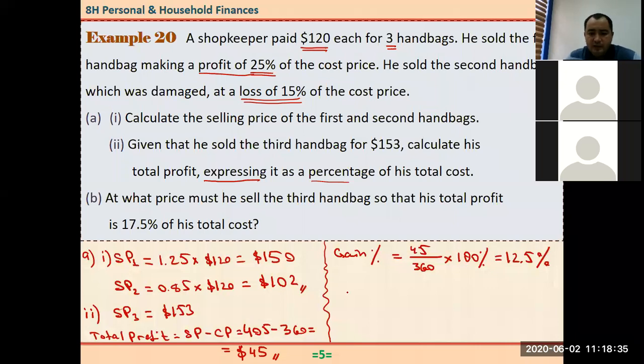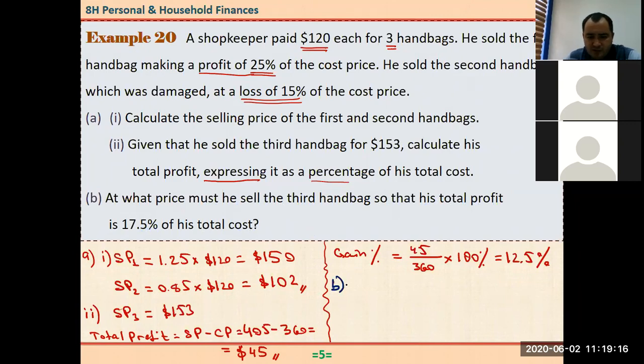And question B, let's change the marker color. Question B: at what price must he sell the third handbag so that his total profit is 17.5% of his total cost? So if we did not sell at this price, at what price should we sell the third handbag so that his total profit is 17.5% of his total cost.